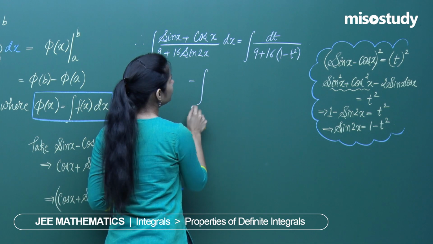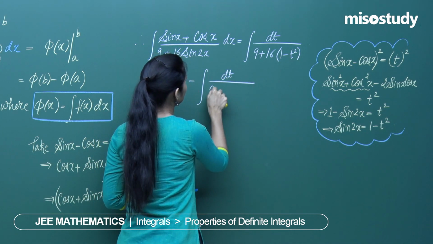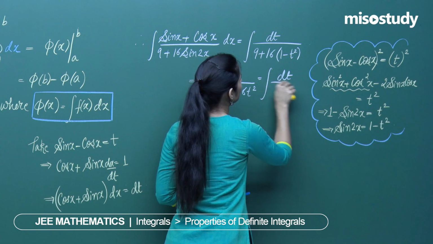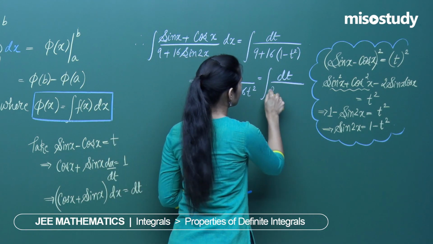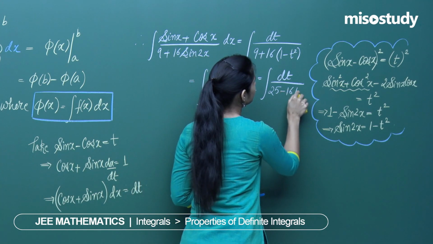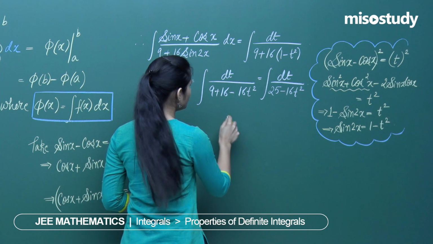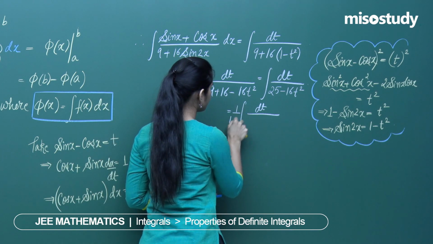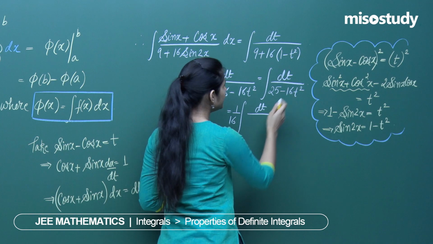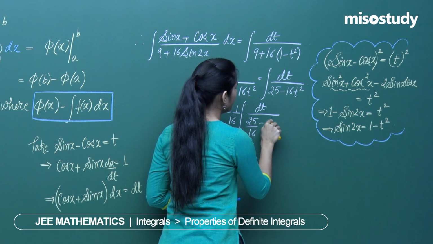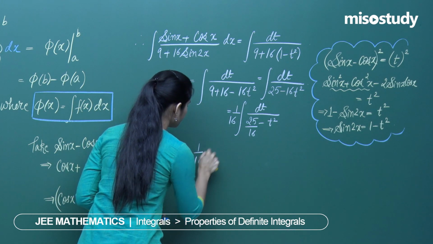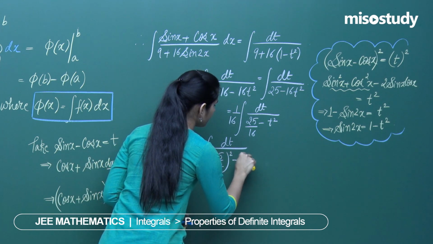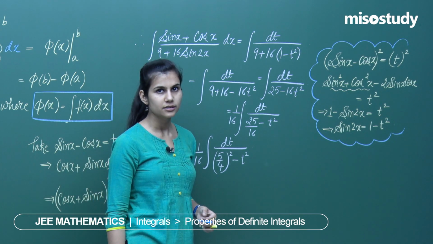So this is equal to the integral of dt upon 9 plus 16 minus 16t square, which is the integral of dt upon 9 plus 16 is 25 minus 16t square, which eventually gives you dt upon, if you take out 16 common from the denominator, you will be left with 25 by 16 minus t square, or it will be equal to dt upon (5 by 4) whole square minus t square, right?